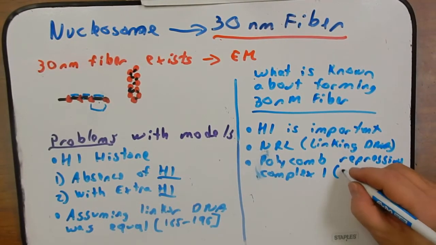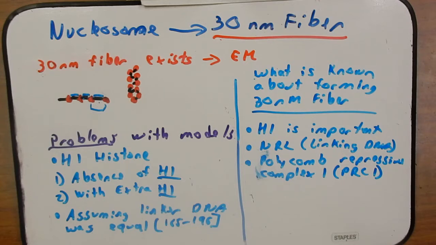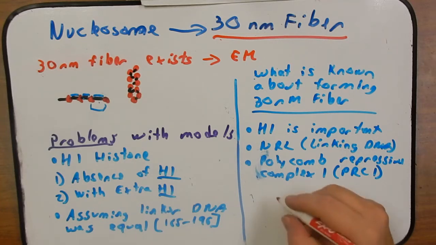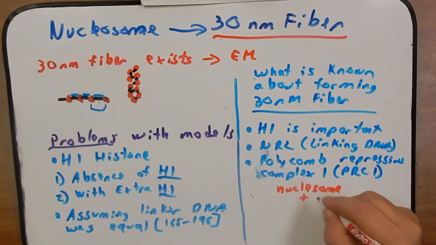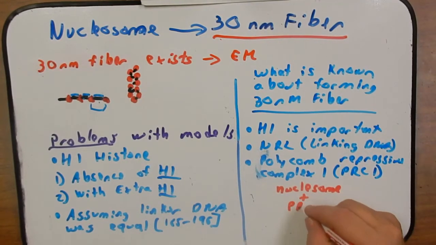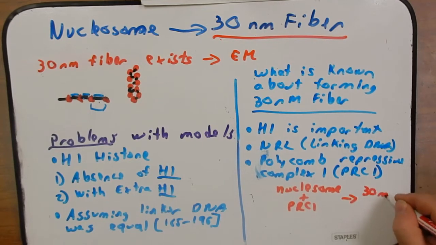Or PRC1. PRC1 has a long history, and its rise to fame came in Drosophila, where it was associated with repressing certain genes needed for embryonic development of Drosophila. But what has been shown more recently is that if you take nucleosome structured chromatin and you add PRC1 to it, you get the 30 nanometer form.